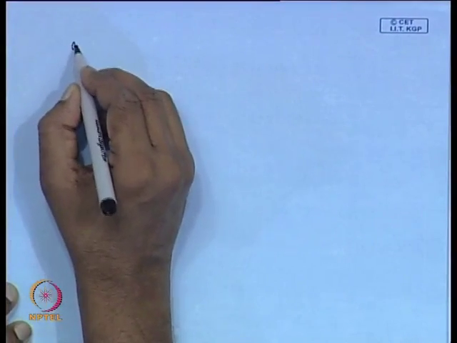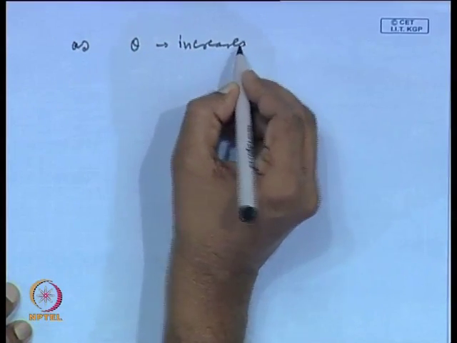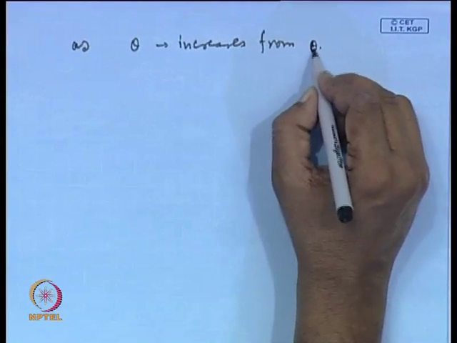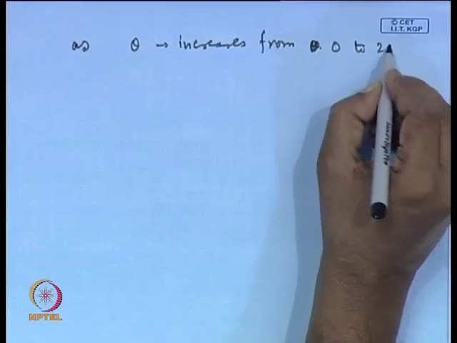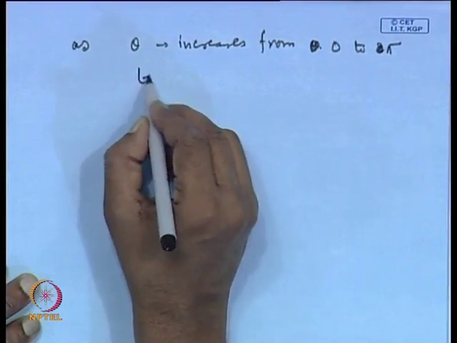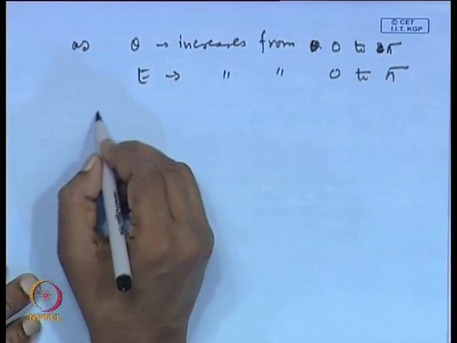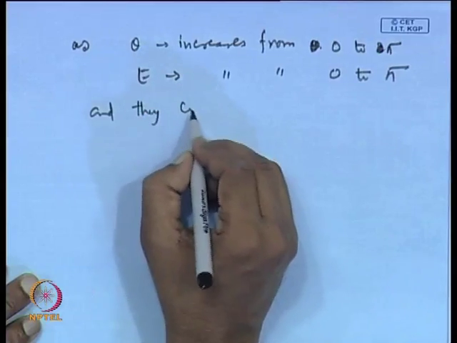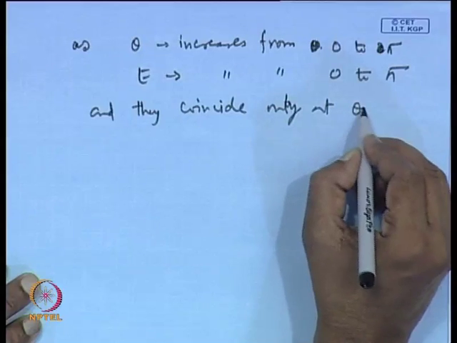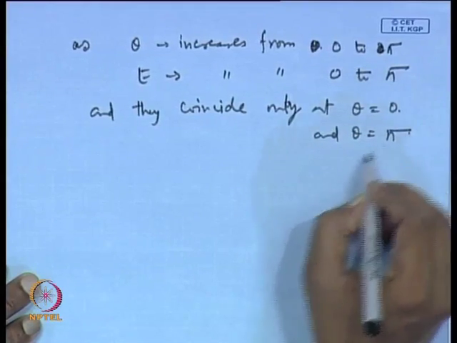So, here as theta increases from 0 to pi, E also increases from 0 to pi, and they coincide only at theta equal to 0 and theta equal to pi.